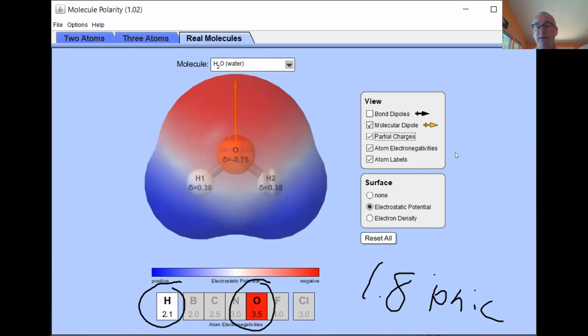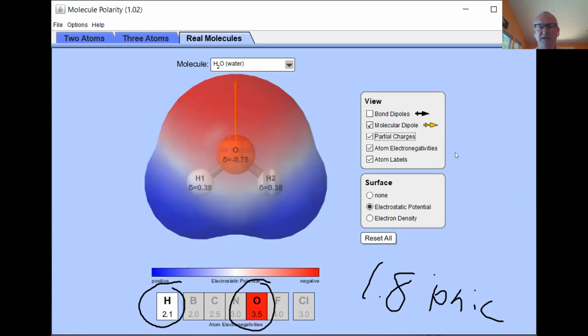And you can see it just by looking at the distribution of the electrons, the electrostatic potential. Oxygen, very, very negative, almost complete charge. And the hydrogens, both about a third of a charge.